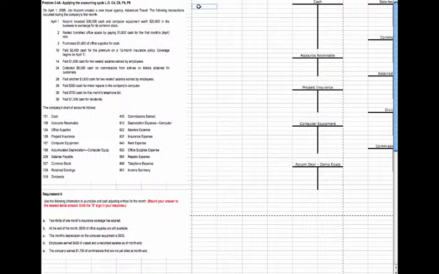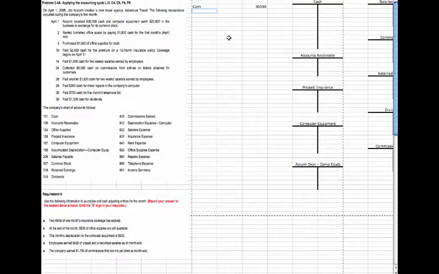So therefore, because cash is an asset, we would have to record a journal entry to cash, and it would be an increase to cash of $30,000, or because cash is an asset, the normal balance for cash would be a debit.